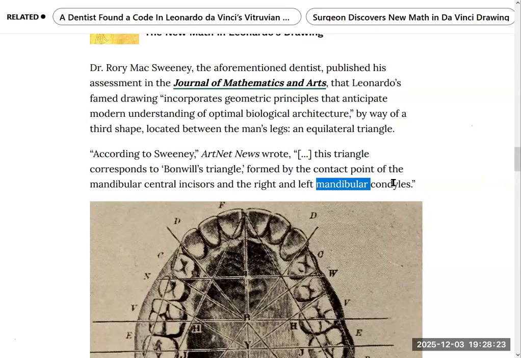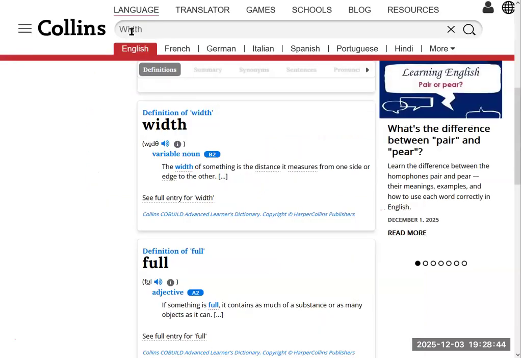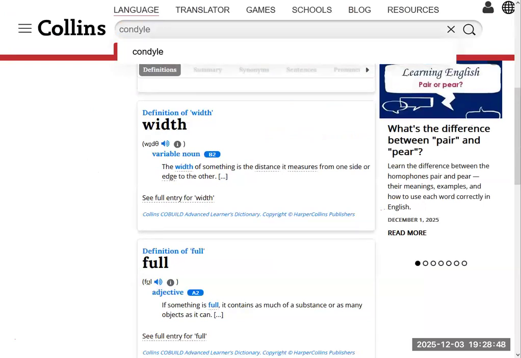Again, another sort of medical description here. Condyles. I forget myself how to pronounce it. Is it even in the dictionary? Let's take the S off. Condyle, I think it's condyle, isn't it?